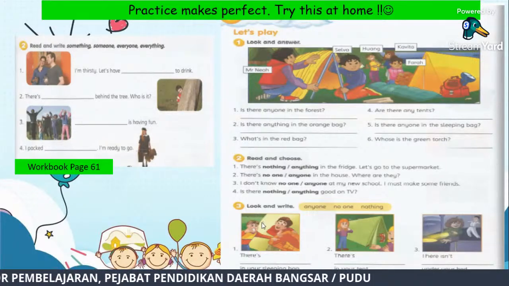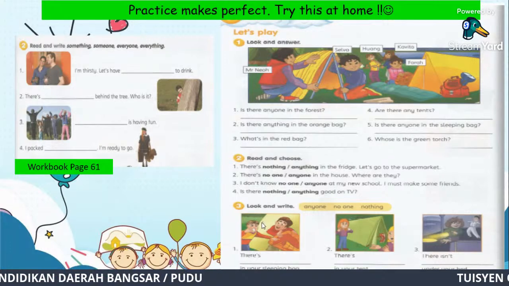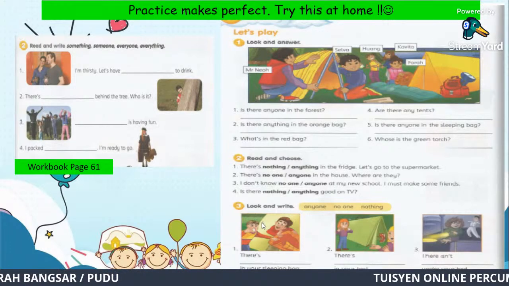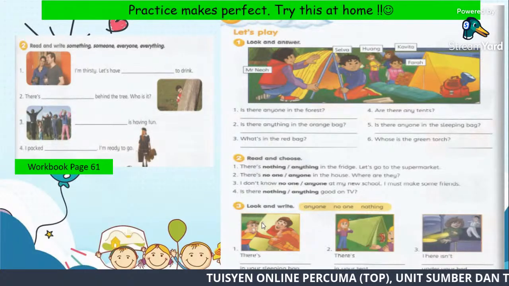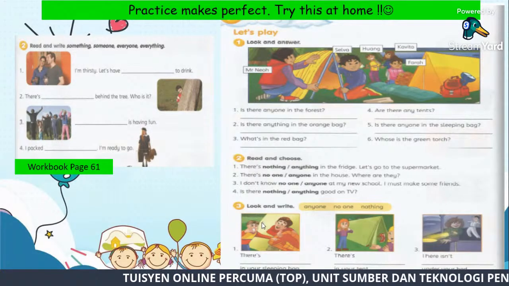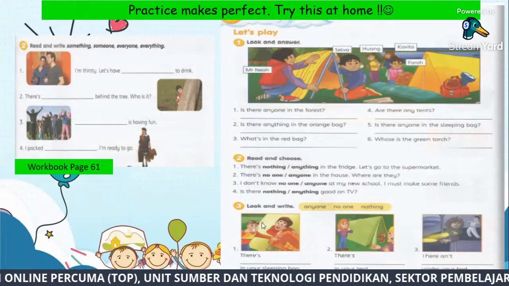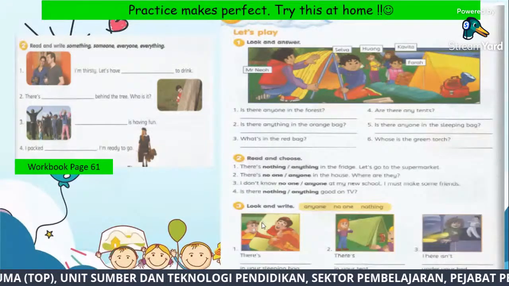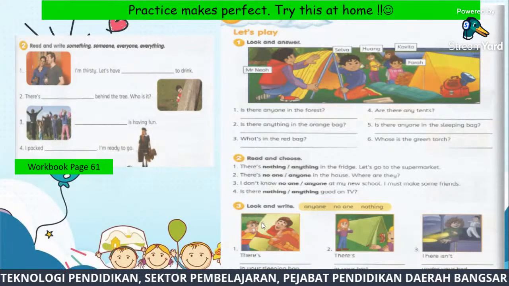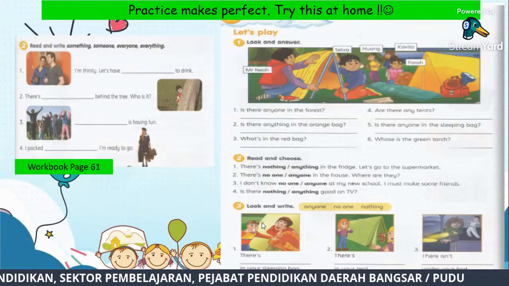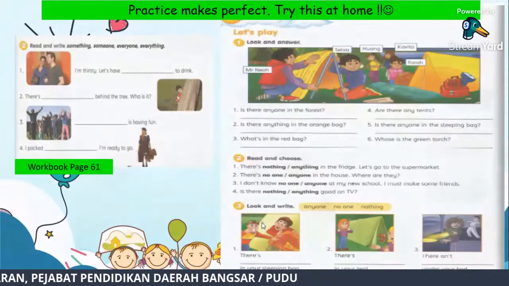Then followed by page 62, you have another four indefinite pronouns: nothing, anything, no one, anyone. So you can do the practice to check your understanding after this lesson.